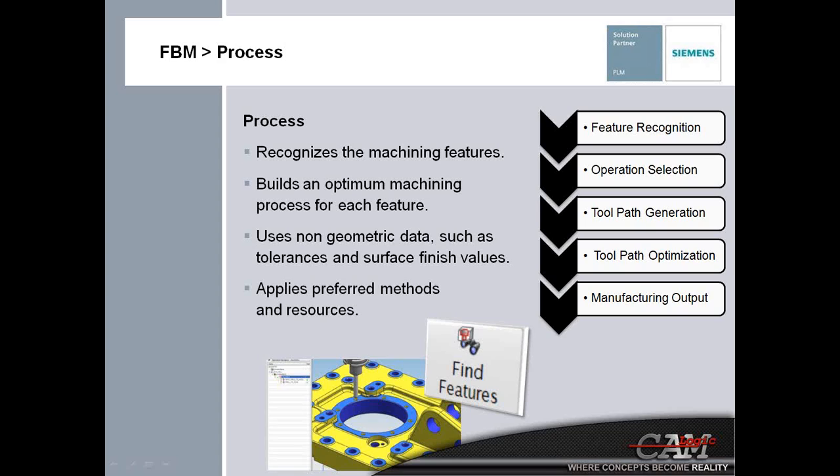NXCAM will automatically recognize these even if it wasn't designed in NXCAD. It could be a STEP, an IGES, Parasolid, anything imported. From there, after we recognize the features, the operations will be selected, and then we can generate the toolpath that's created from the feature base. After that, we'll optimize the toolpath, and then, of course, output the G and M code.